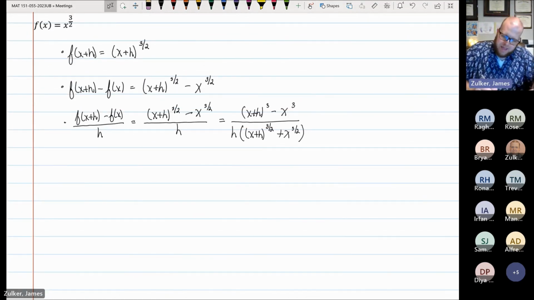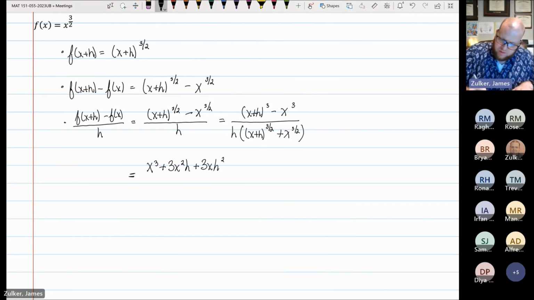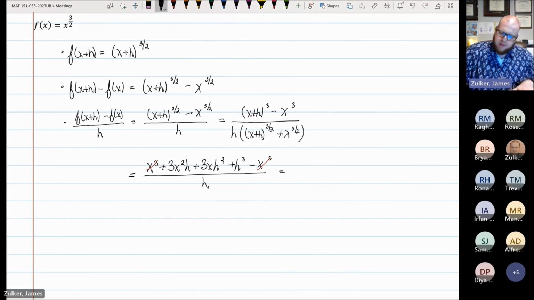All right. Now we have to expand. All right, so expand out the numerator. The x cubes go away.